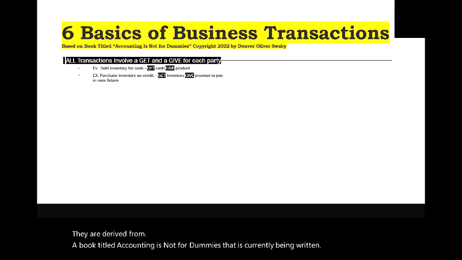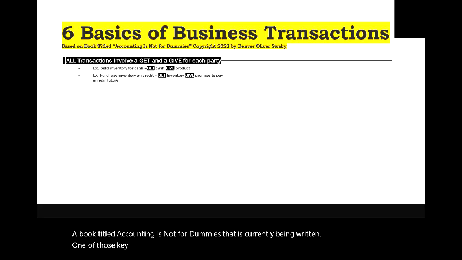One of those key concepts is that all transactions involve a get and a give for each of the parties involved in that transaction. For example, sale of inventory for cash, the get would be the cash, and the give would be the product that was sold.